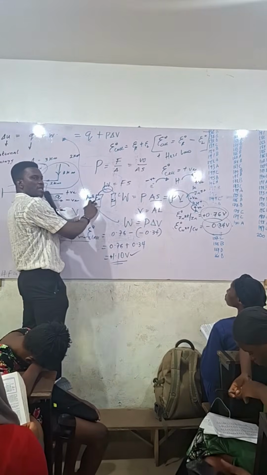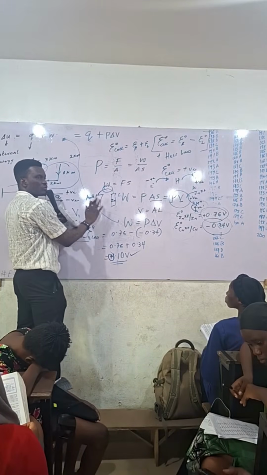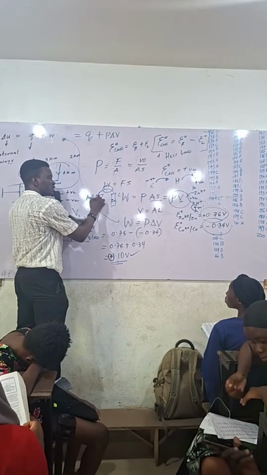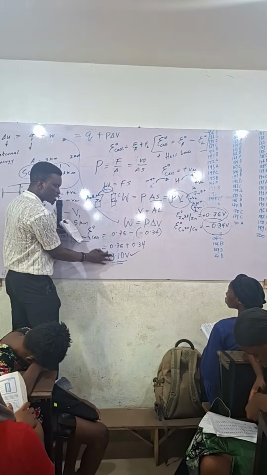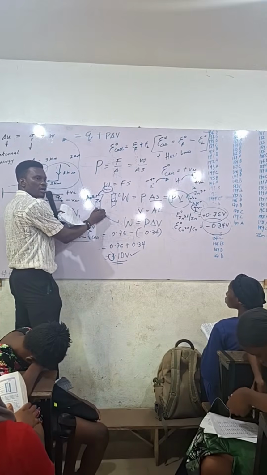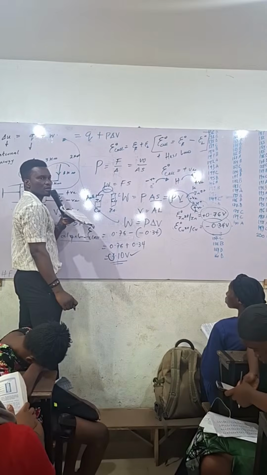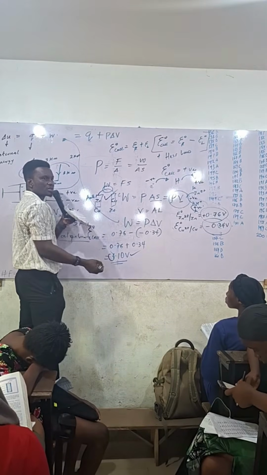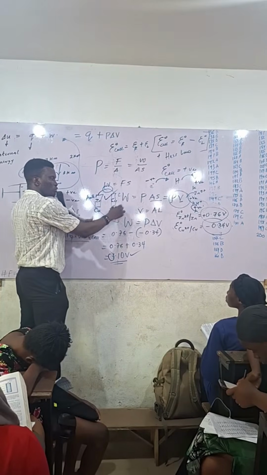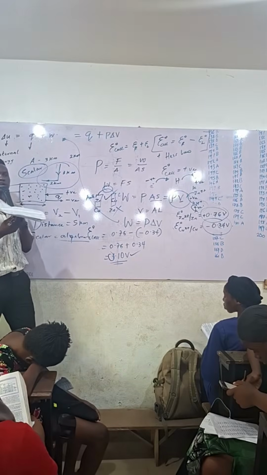Zinc should be the one that should be here. So if you get positive, that means that you have done perfect arrangement. Zinc is here, copper is here. But if you get negative, that means you have put copper here and zinc is here, so you have to change the settings. That's why if you get positive, you say yes, it is spontaneous. If you get negative, you say no, it is not spontaneous. You have to rearrange the cell.